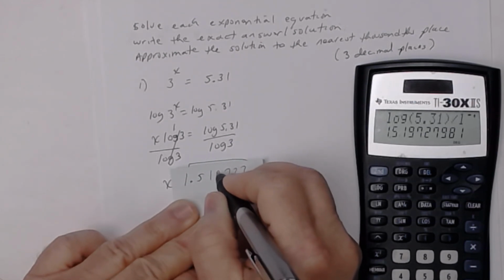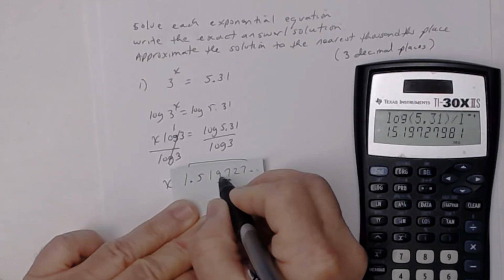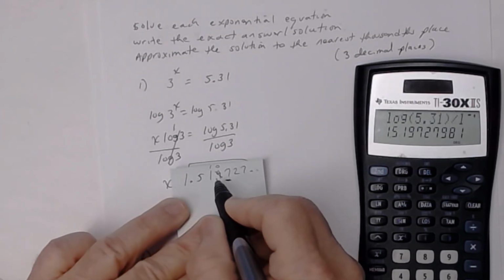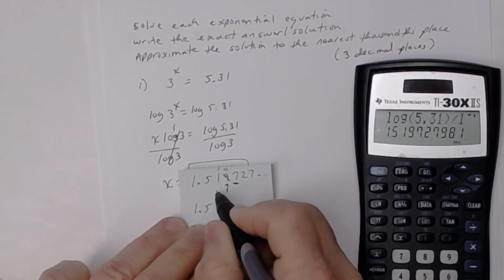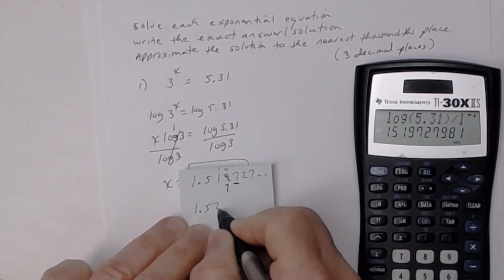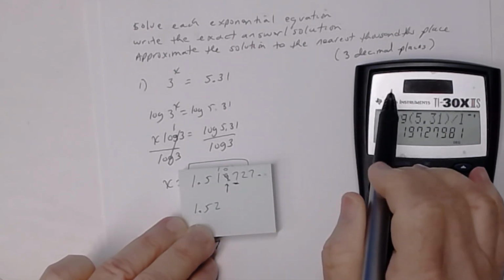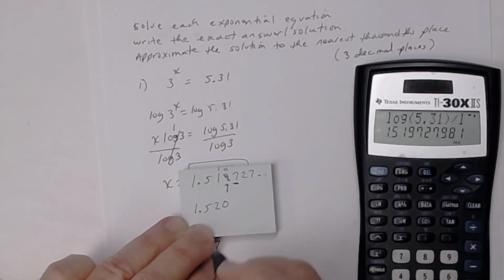When I do that, 9 plus 1 is 10. So that's 10, and this becomes 1.52. And remember, even though this is a 0, you still have to show the thousandths place. So make sure you show the 0 there.